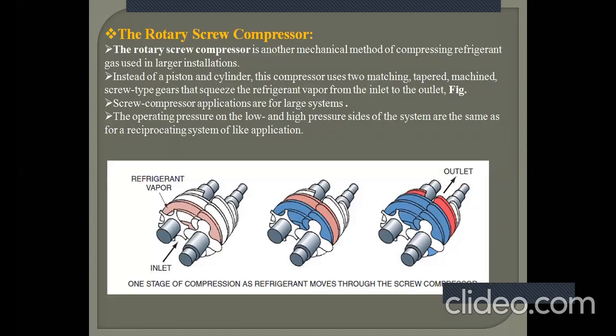While rotating, the pockets between these two screws squeeze the refrigerant vapor. As shown in the first diagram in pink, the refrigerant vapor is sucked into this pocket, then it is compressed in the second diagram, and in the third diagram, shown in red, the high pressure refrigerant is thrown out of the outlet.